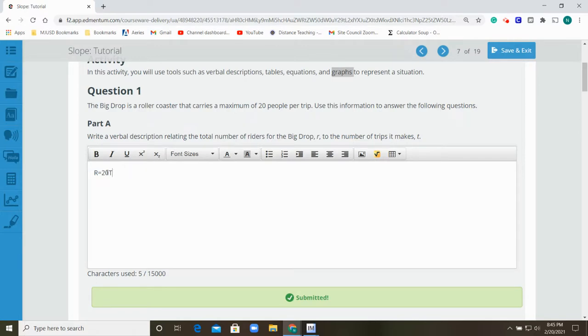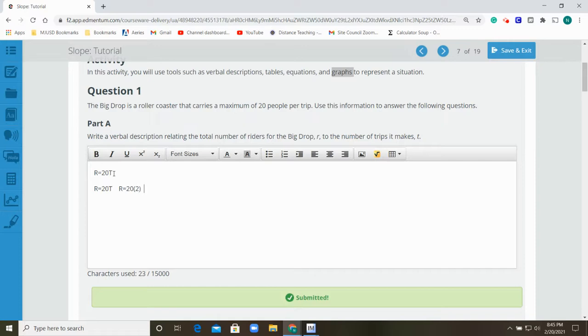Well, then after 2 trips, R equals 20 T, but if there were 2 trips, then R equals 20 times 2 for 2 trips.